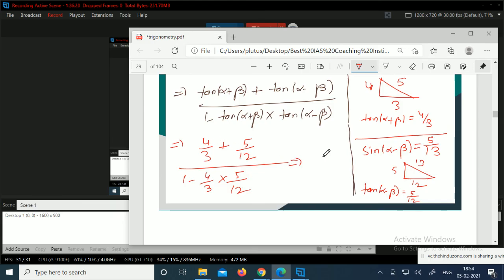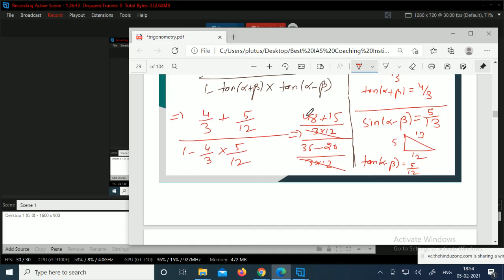So here is 48 plus 15 divided by 3 into 12, and 36 minus 20 divided by 3 into 12. This gets cancelled, isn't it? Yes, sir. So now 48 plus 15, how much? 63.